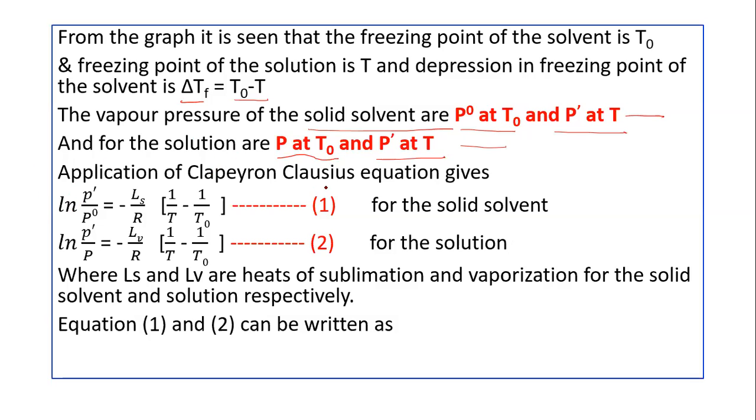What is the Clapeyron-Clausius equation? ln P1 upon P2 is equal to minus LV upon R into 1 upon T1 minus 1 upon T2, where T1 is the lower temperature and T2 is the higher temperature, P1 is the lower pressure and P2 is the higher pressure. So this is the integrated form of the Clapeyron-Clausius equation.